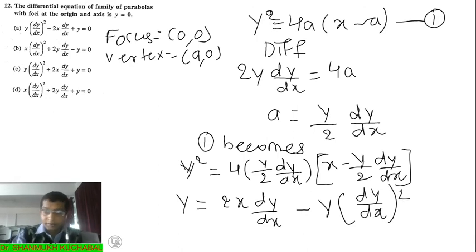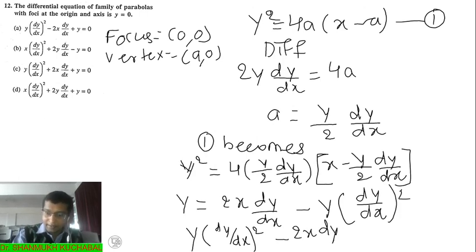Among the options, we see it is plus y times (dy by dx) whole square, that is option A and C. So we transpose it to the LHS, so we get y times (dy by dx) whole square minus, it will become plus on the RHS, similarly minus 2x times dy by dx, and plus y equal to 0.